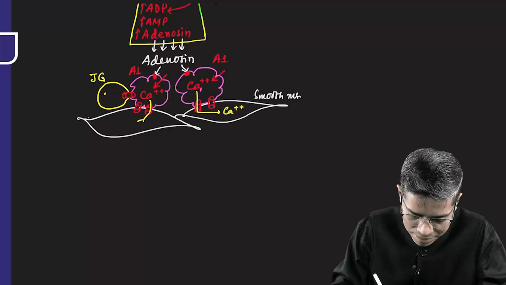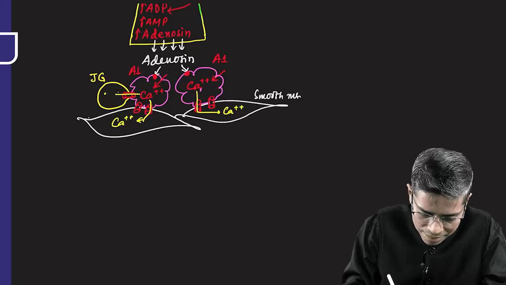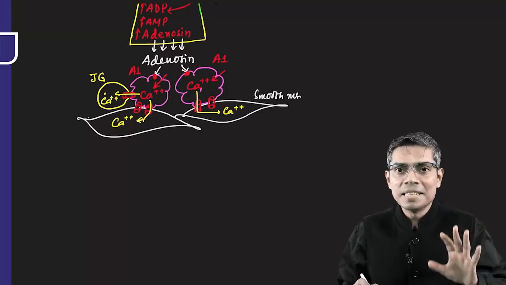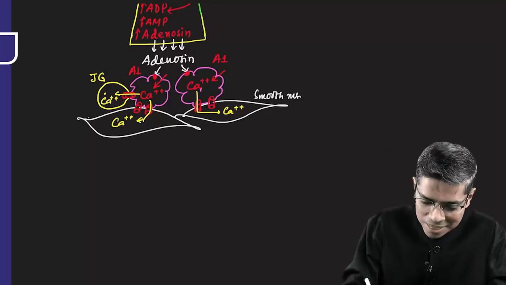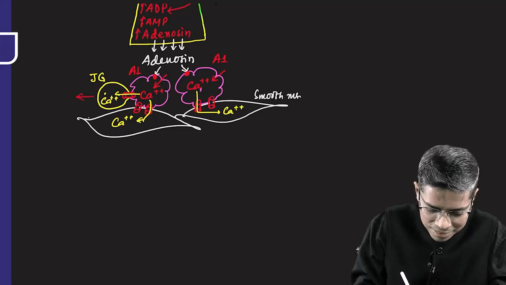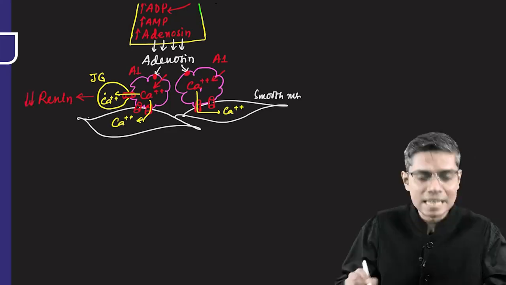Not only that, the calcium is also entering inside the JG cell. Now, if there is an increased amount of calcium inside the JG cell, what will happen to the renin secretion? Renin secretion will be decreased. Getting my point?